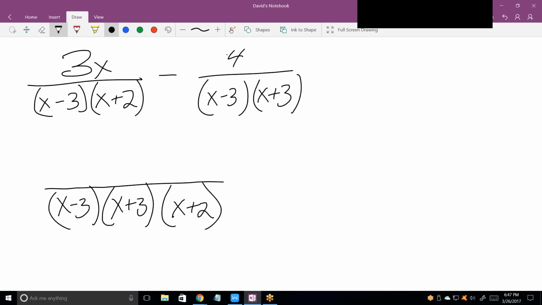Now, it may look like I multiplied everything together, but I really didn't. Notice that I didn't multiply the x minus 3 times x minus 3 twice. I only did it once, because that's all that was necessary. Now, how do I know this is a least common denominator?